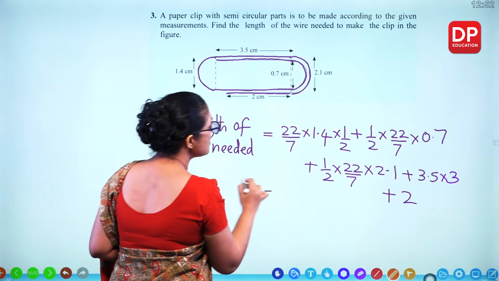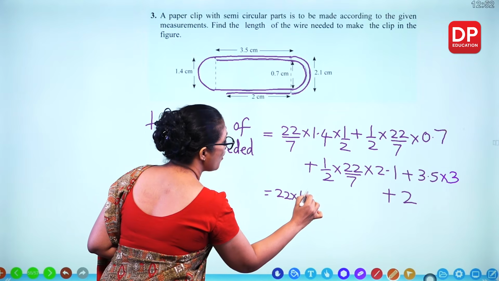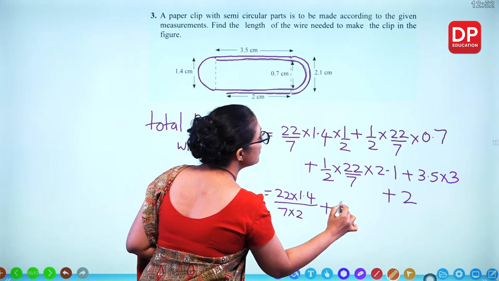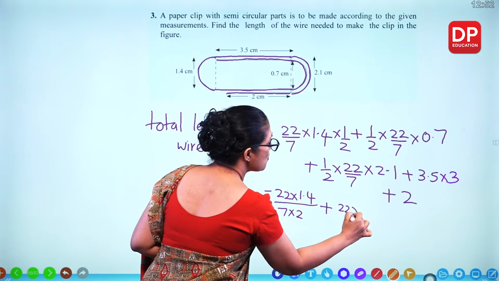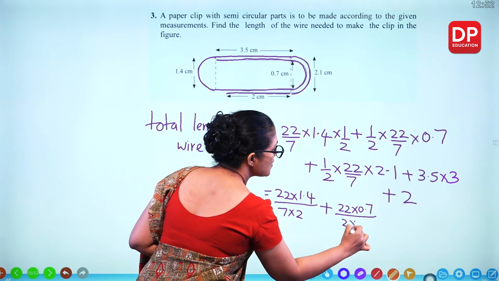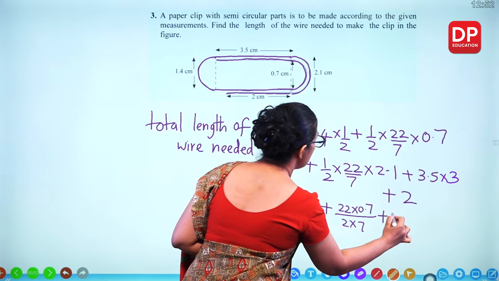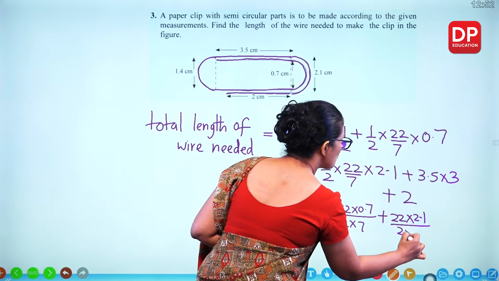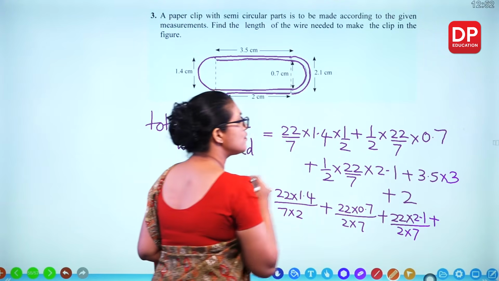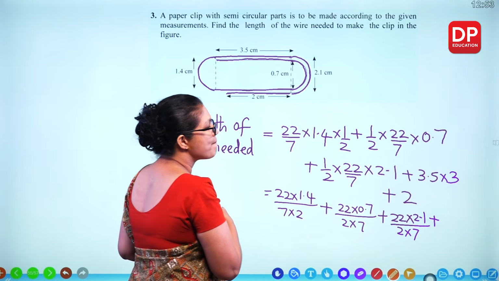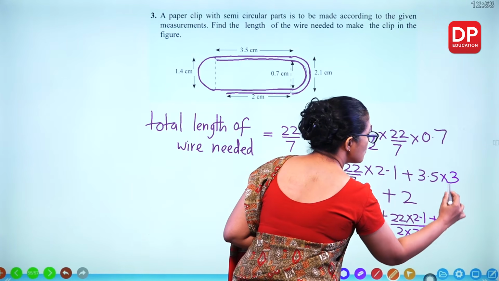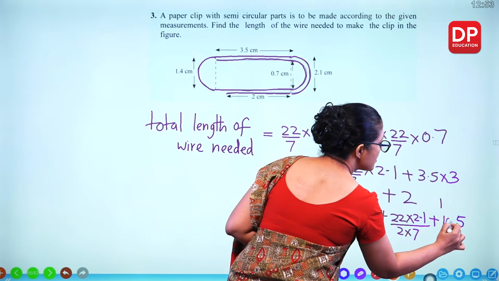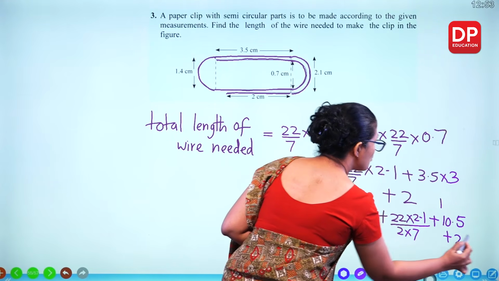Now we'll do the calculation. 22 times 1.4 over 7 times 2. The other one, 22 times 0.7 over 2 times 7. The third one, 22 times 2.1 over 2 times 7. And here you get 3.5 times 3. 3 times 5, 15. 3 times 3, 9 plus 1, 10. 10.5 and another 2.